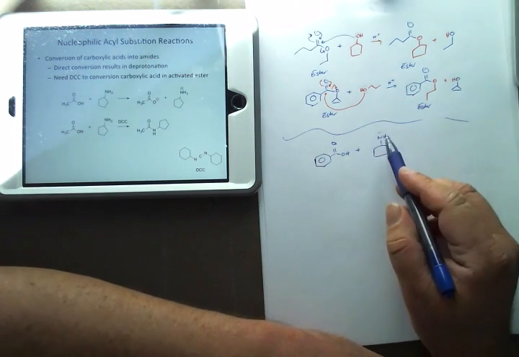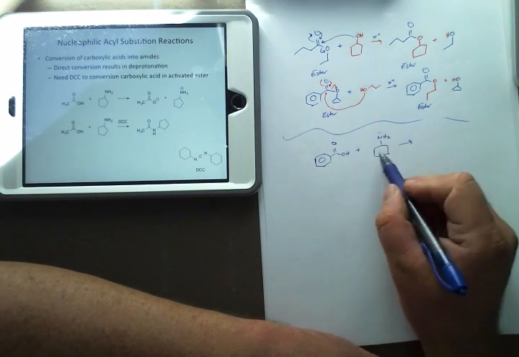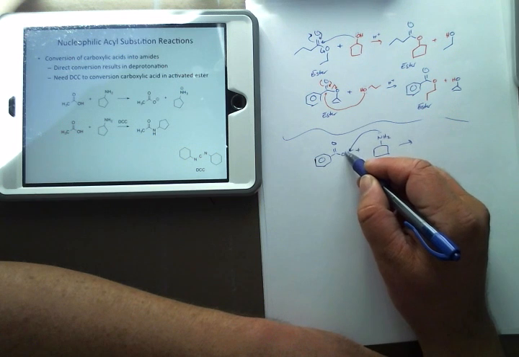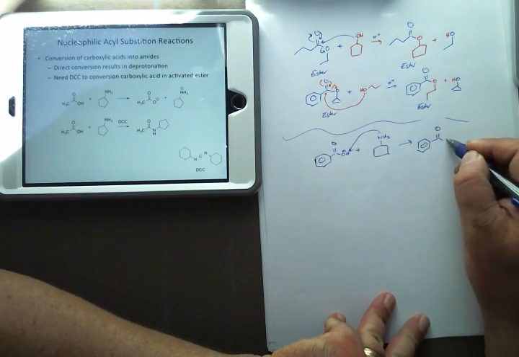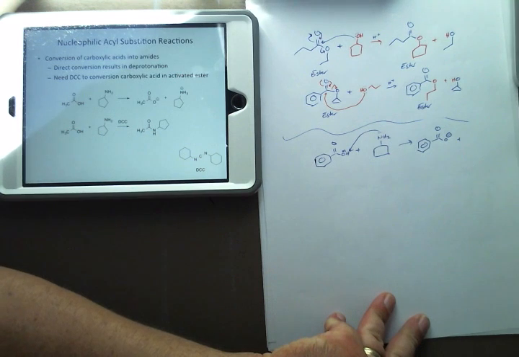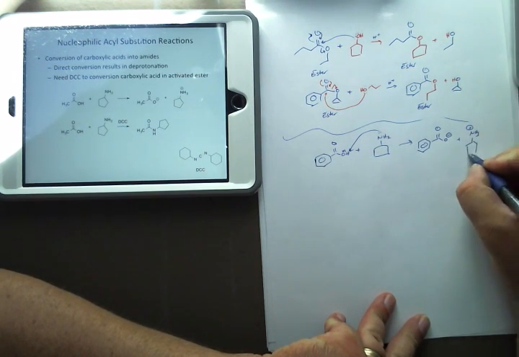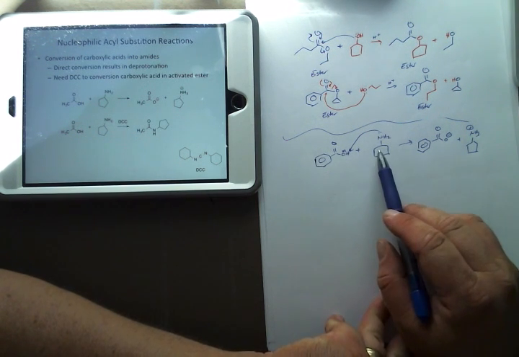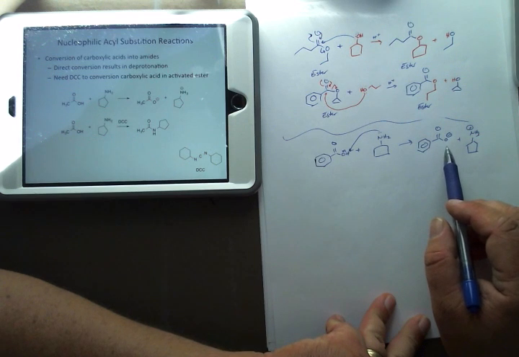Remember, nucleophiles are also bases, so if you just put these two reactants together, what's actually going to happen is this guy's going to attack there, push that over, and you're going to end up with the carboxylic acid salt, plus NH3 plus. So whenever you mix a carboxylic acid with a regular amine, it's just a very simple acid-base reaction.